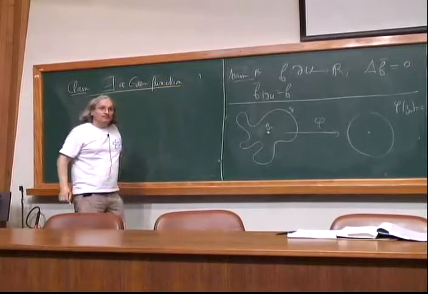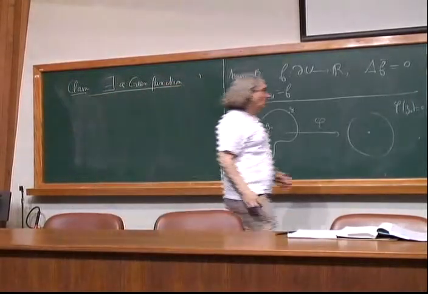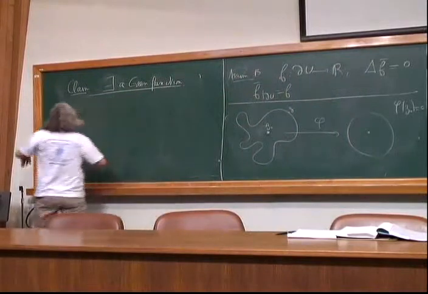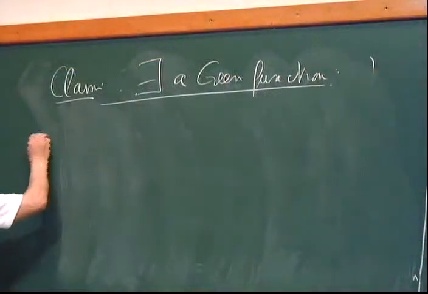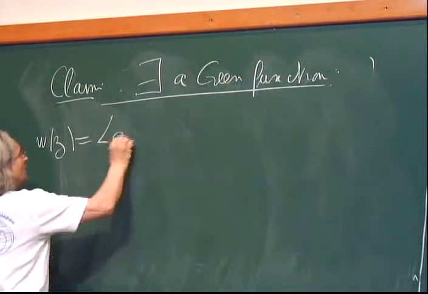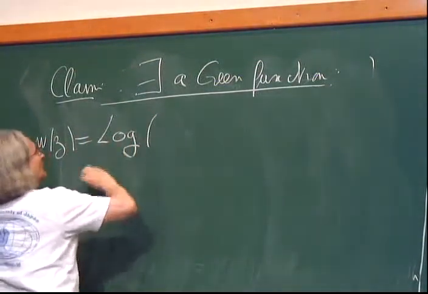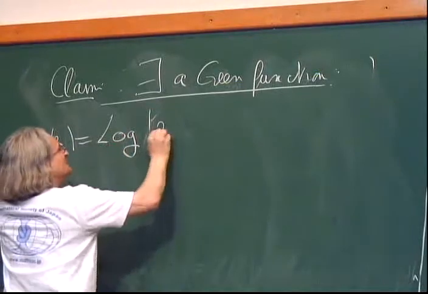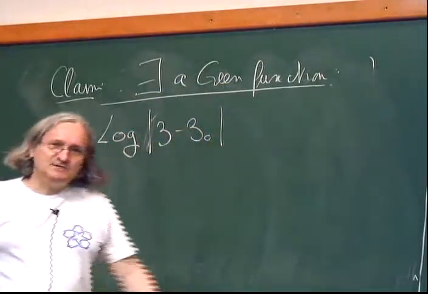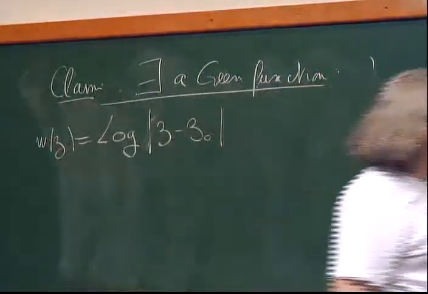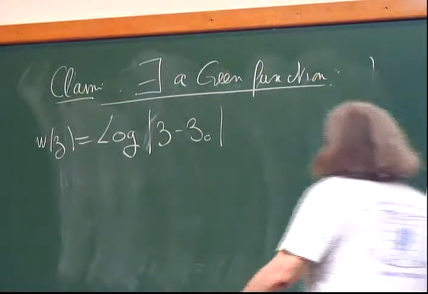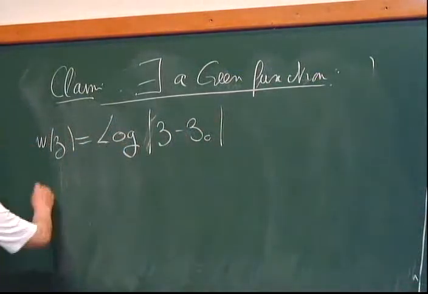And that's very easy. Well, you take the function, let's say w of z is equal to log of |z minus z0|. This is a function which is defined in the complement of z0. You just restrict it to the boundary.